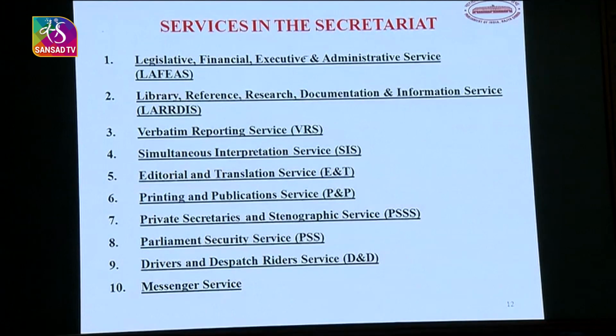And once it is finalized by them, then the printing and publication service deals with the printing of the various papers of the Secretariat and the House and the other publications which the Secretariat brings out.